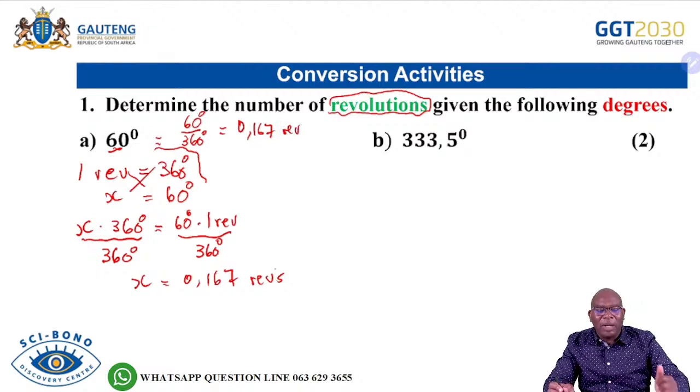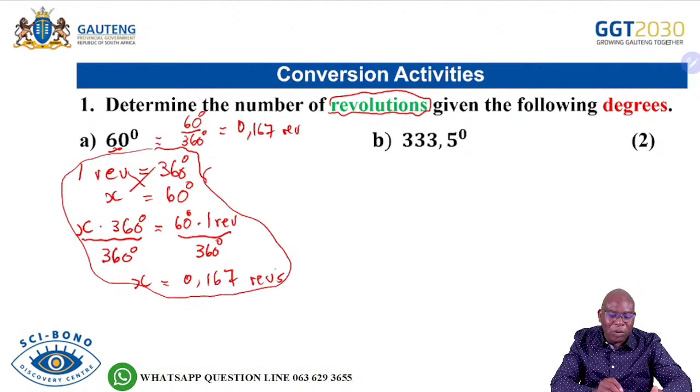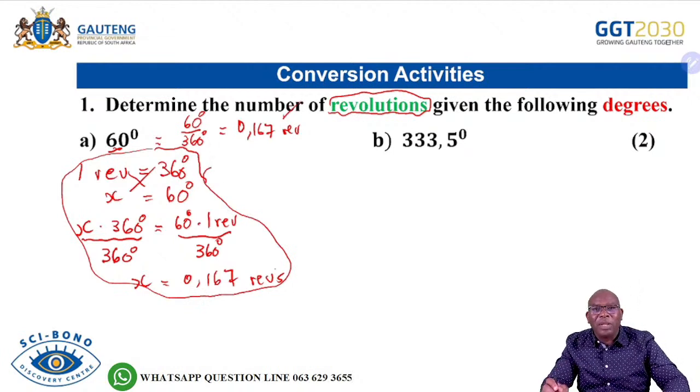So if I've got degrees and I want to change them to revolutions, I just divide that by 360 degrees. So you can take degrees, just simply divide that degrees by 360 degrees.